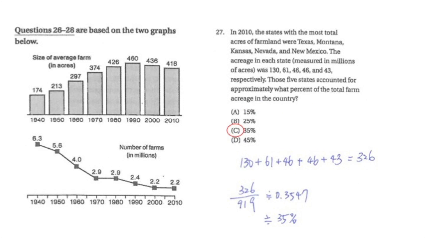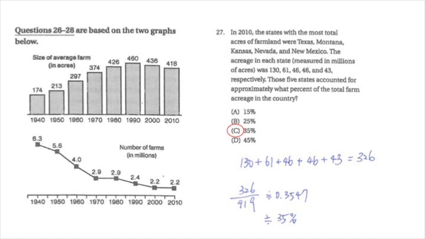Question 27, we're given the total acres of farmland in Texas, Montana, Kansas, Nevada, and New Mexico, and they are 130, 61, 46, 46, and 43 respectively. We're asked to find the percentage those 5 states accounted for of the total in year 2010.